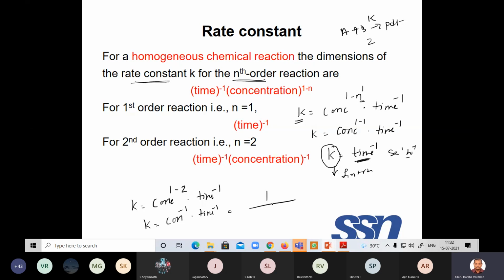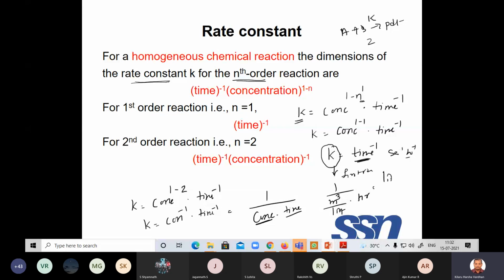That is nothing but 1 by concentration into time. Concentration will have a unit of meter cube per liter or centimeter cube per liter, and time will have a unit of per second or per hour or whatever it is. Therefore, 1 by concentration unit is meter cube per liter, into time in hours.